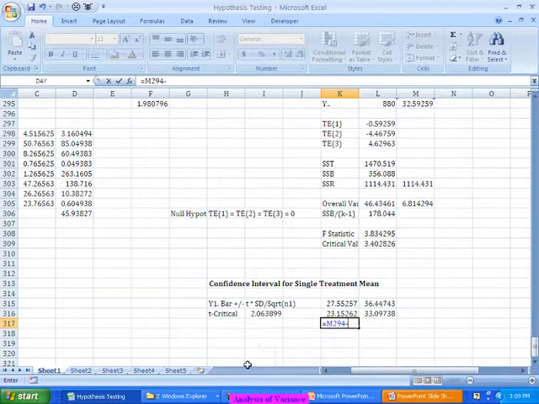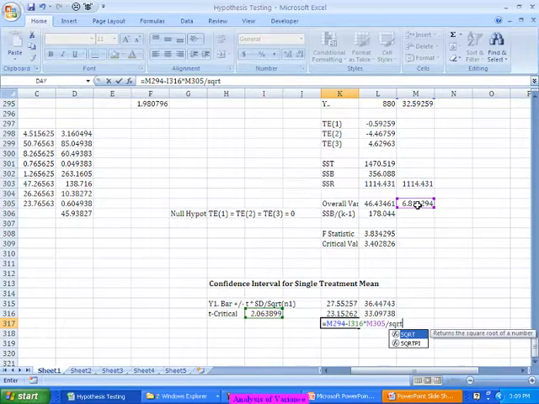Whereas for the third one, if I see 37.22 minus 2.06 times the standard deviation by square root of 9.